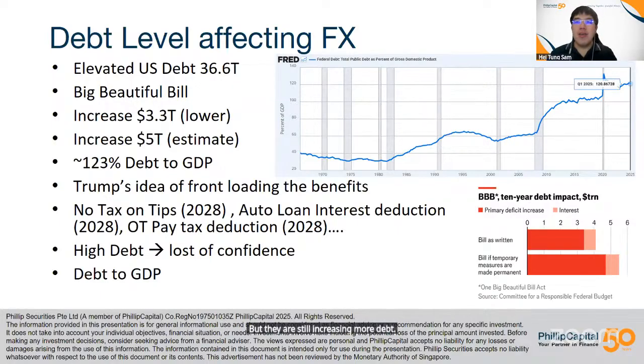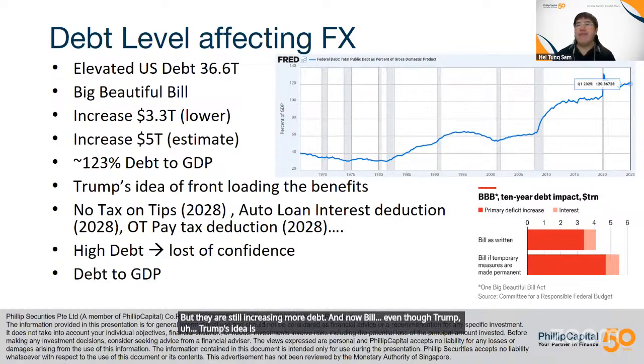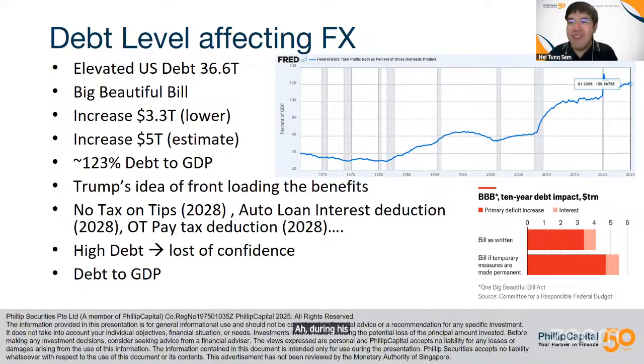Trump's idea is to front load all the benefits, so all the good stuff happens during his term, and then all the bad stuff, or the good stuff, expires in 2028. So the next person has to foot the bill. That's why a lot of people have started to lose a bit of confidence. We can see it in the long dated bond market, especially their yields spiking up. The 10-year government bond yields have been spiking up.